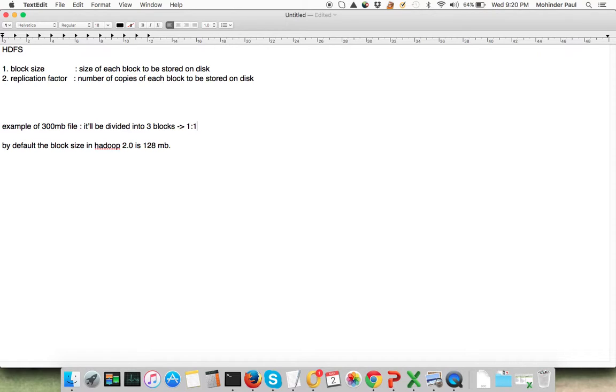First 128 MB, second block again 128 MB, and third block will be 44 megabytes, right?